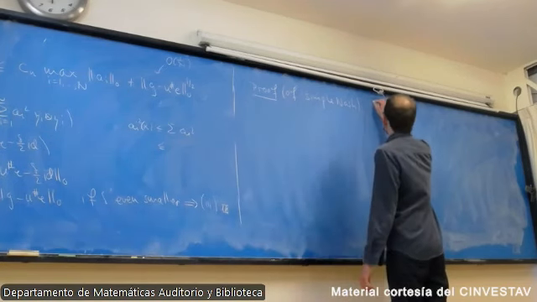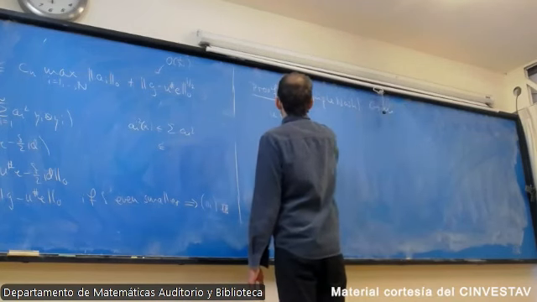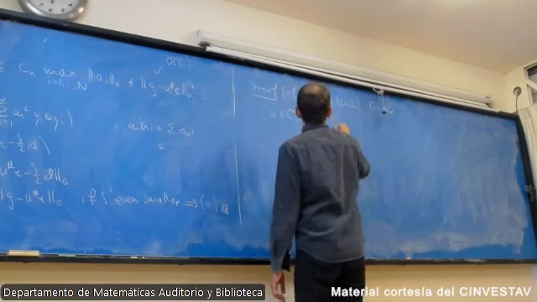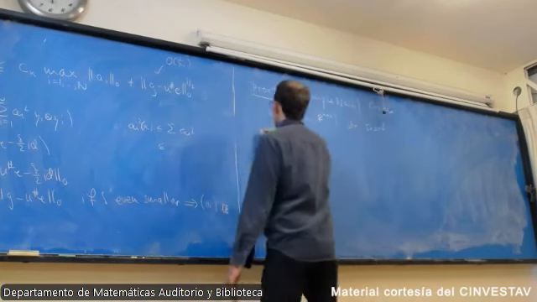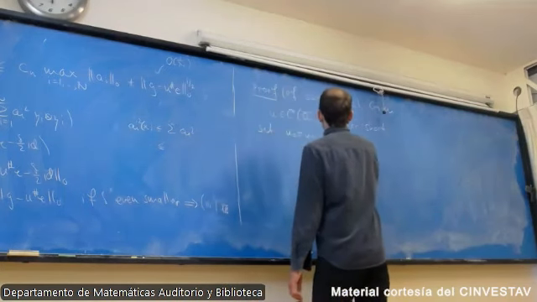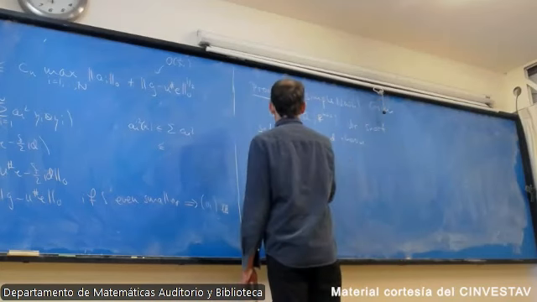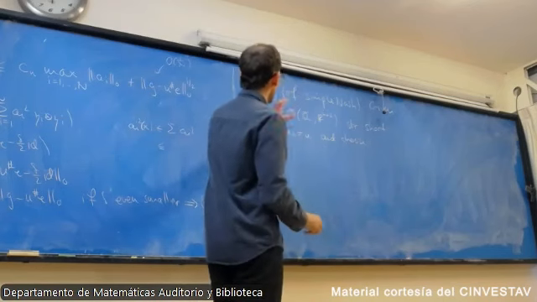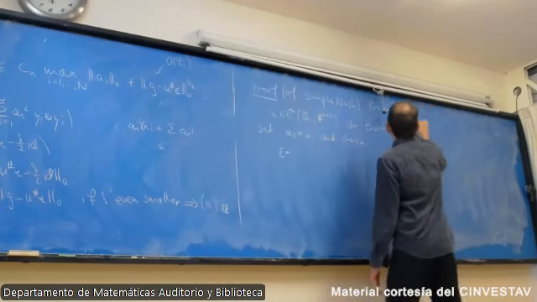So given U0, choose epsilon. Let me call this epsilon tilde.